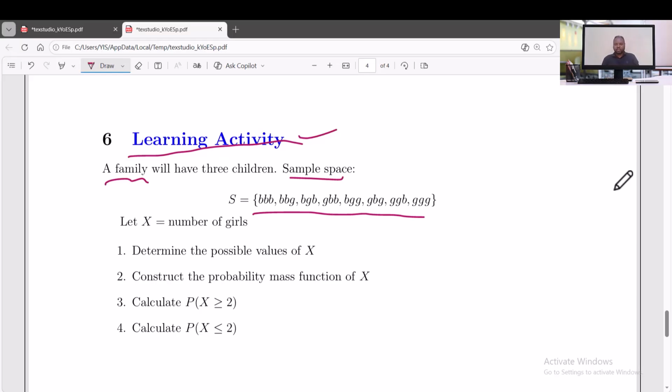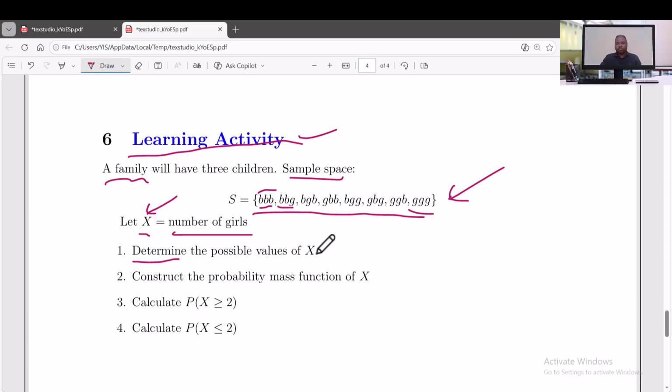In successive births, she may have 3 boys, 2 boys and 1 girl, or 3 girls. So the possible outcomes of the mother's successive births are this sample space. Over it, we can define a random variable x, which takes the number of girls as its values.